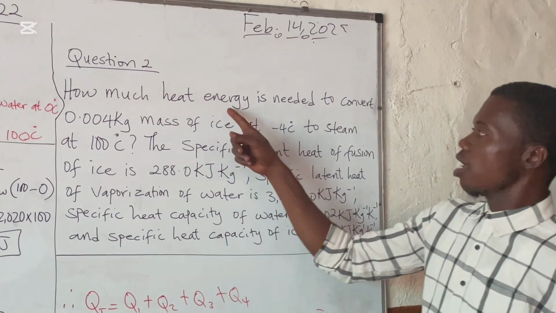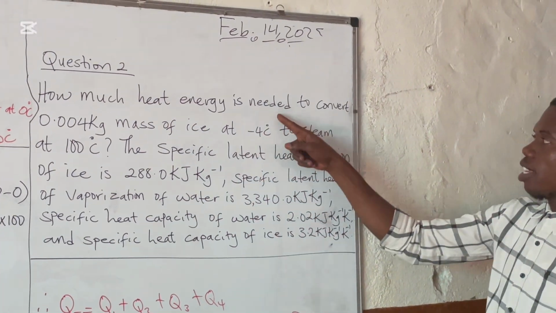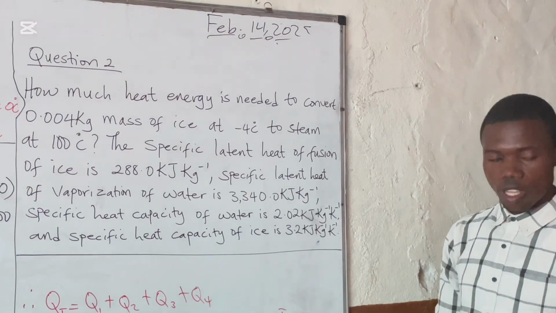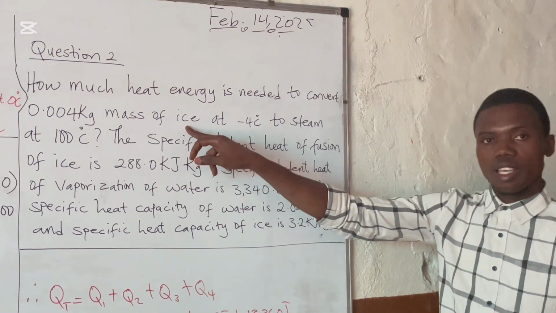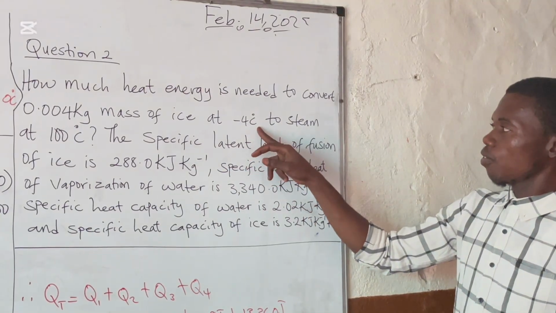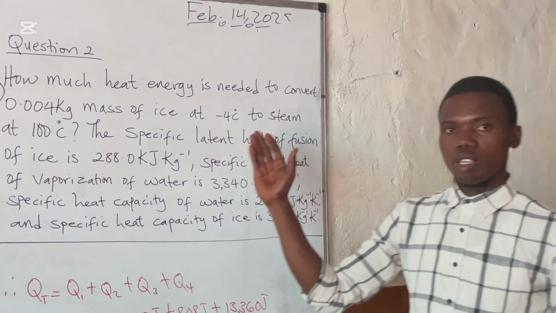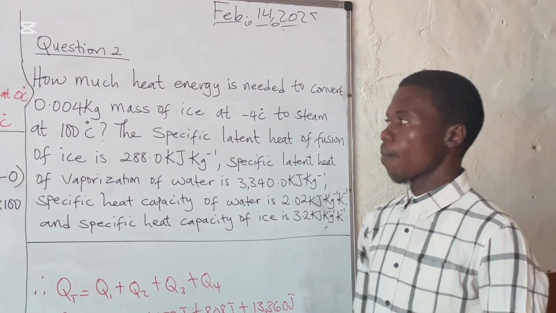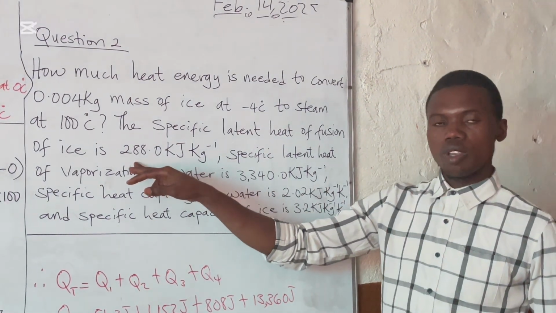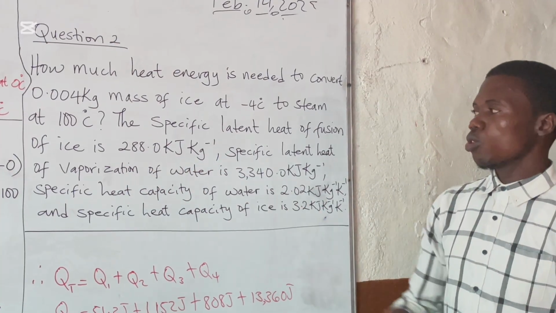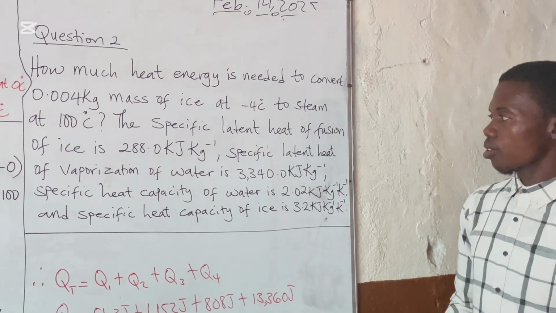How much heat energy is needed to convert 0.04 kilogram mass of ice at negative 4 degrees Celsius to steam at 100 degrees Celsius? The specific latent heat of fusion of ice is 288.0 kilojoules per kilogram.